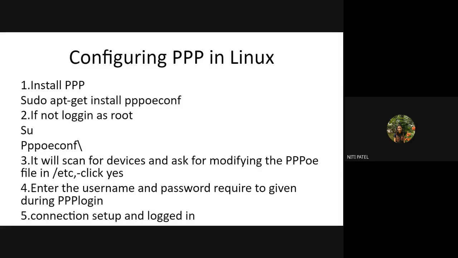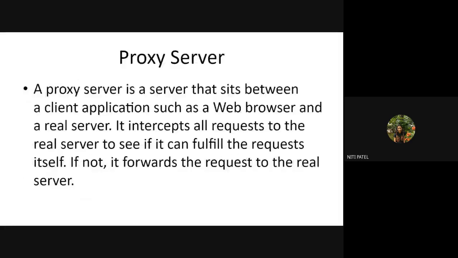The hardware part will remain the same. Even if your Linux is GUI based, everything will remain the same. But if you want to use a terminal or install it by using the command, these are the two commands which you are supposed to use for installing or configuring the point-to-point connection inside your system. Okay, is this clear?